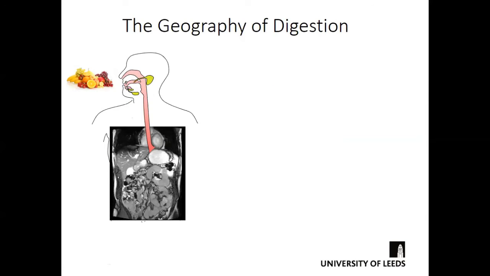Let's talk about the digestion and the geography of digestion. So it's well known that you could argue that digestion starts ahead of when we actually start eating the food. So Pavlov did experiments in dogs that showed that you could induce salivation through training.